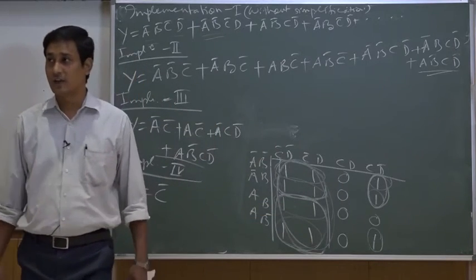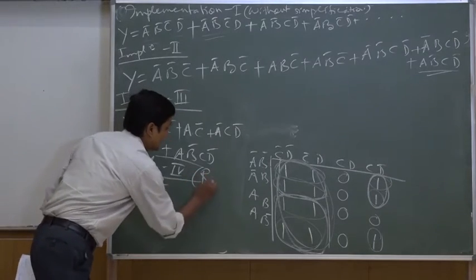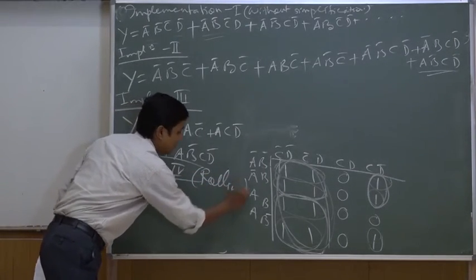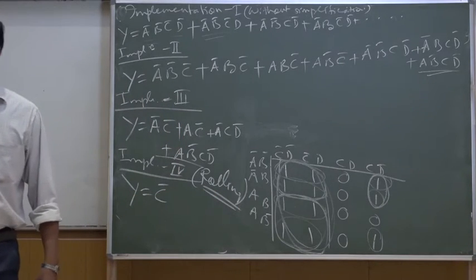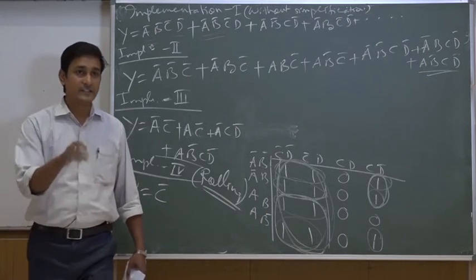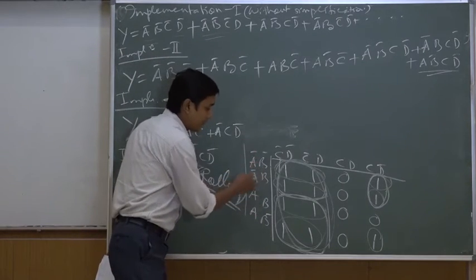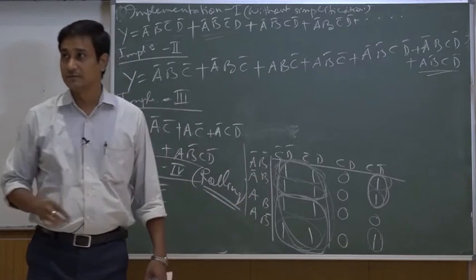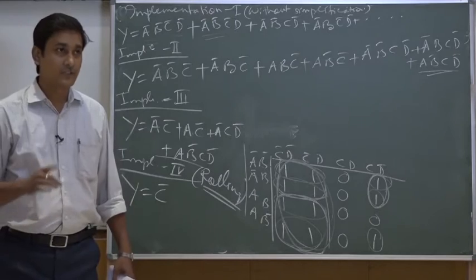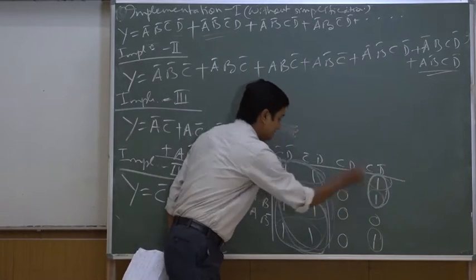Now, I will speak about rolling. Please take one important note here as rolling, which is another advantage of the Karnaugh map. And here you will see why I have mentioned A bar B bar, A bar B, A B, A B bar in this fashion. See here, grouping is possible from this to this also.